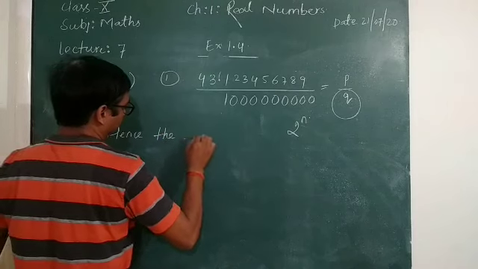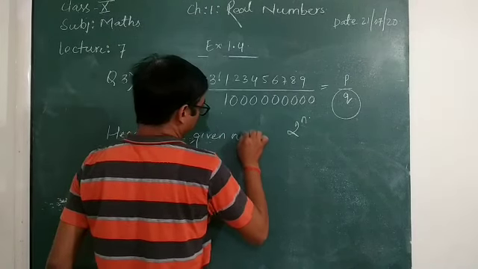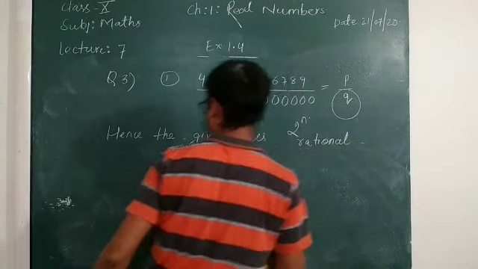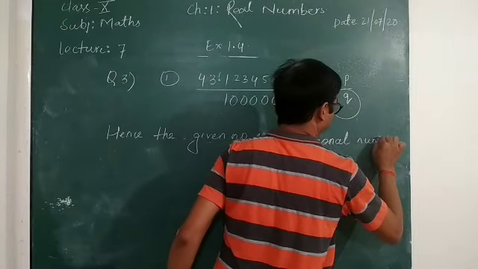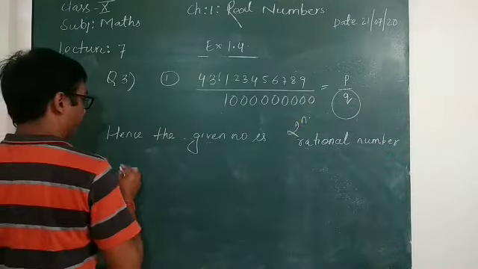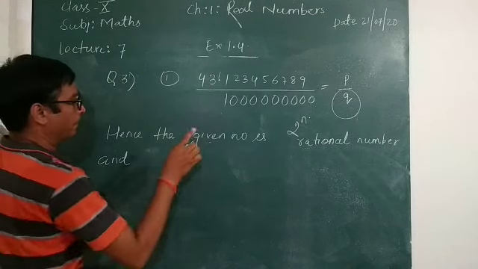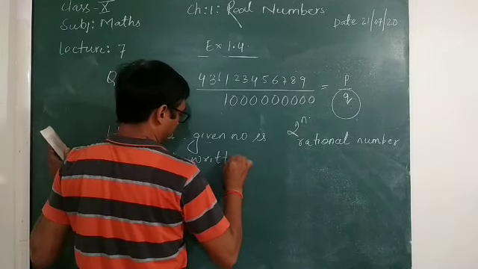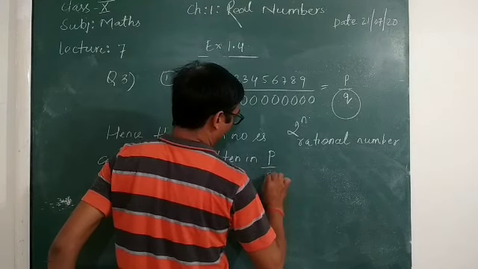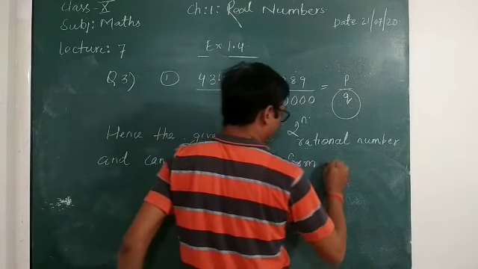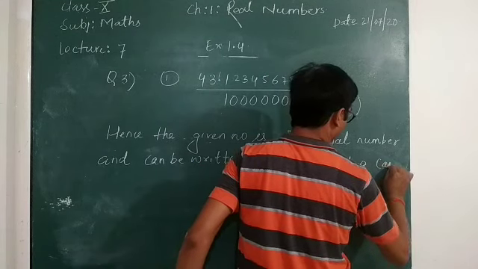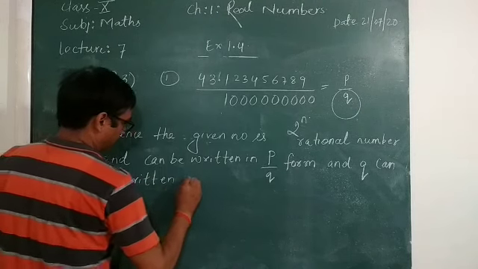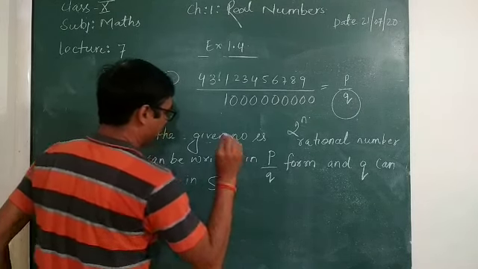Okay, so here you can write hence the given number is a rational number and can be written in p by q form, and q can be written in 5 raised to power n.